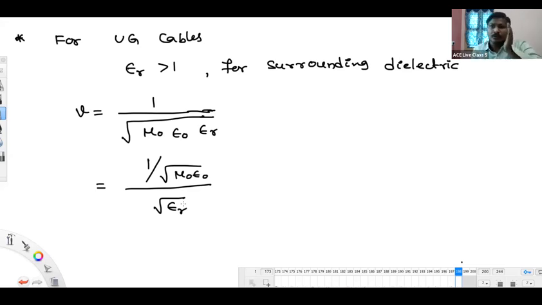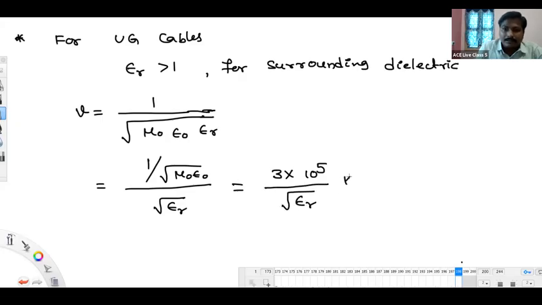Whatever the numerator we have, that I am going to call as 3 into 10 power 5 kilometers by second. Denominator you will have root epsilon r. So it will be 3 into 10 power 5 by root epsilon r in kilometer by second. That is the velocity of wave propagation in the underground cable.